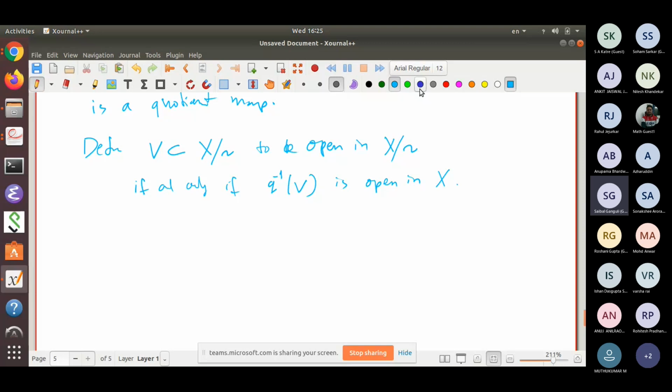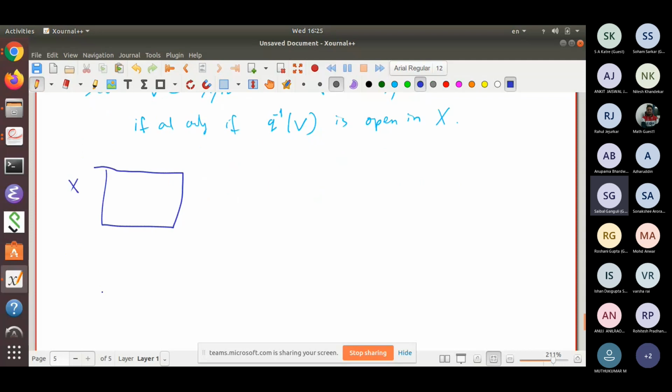So in true Grothendieck style, let us write X like this. Let us write Y like this. And the surjection goes like this.